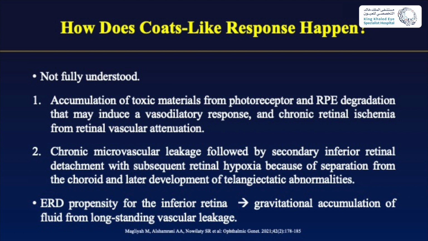The second theory is chronic microvascular leakage followed by secondary inferior retinal detachment with subsequent retinal hypoxia because of separation of the choroid and later development of telangiectatic abnormalities. As you observed in our series, all of the vascular abnormalities were in the inferior quadrant of the eye, and the propensity of exudative retinal detachment for the inferior retina is due to the gravitational accumulation of fluid from long-standing vascular leakage.